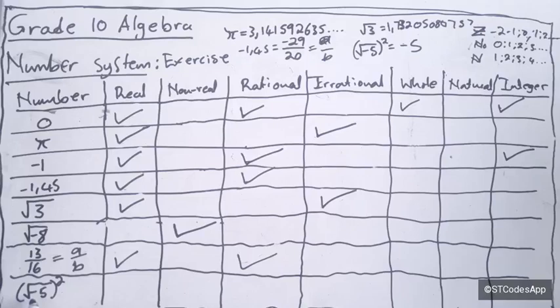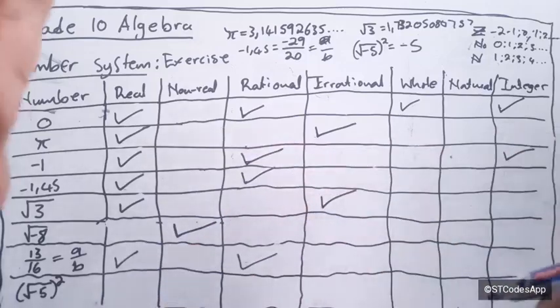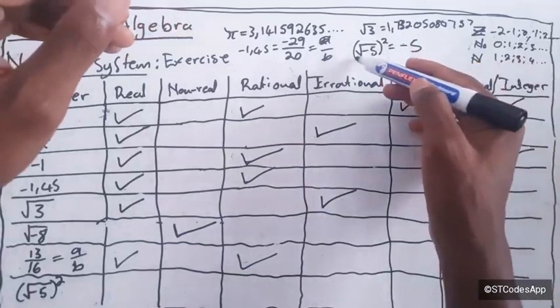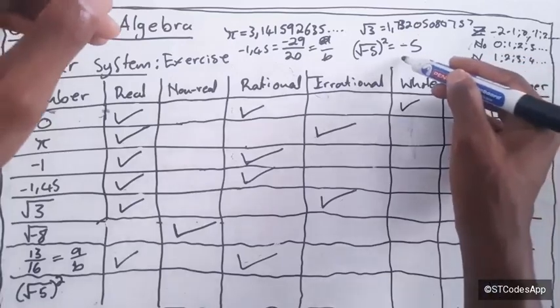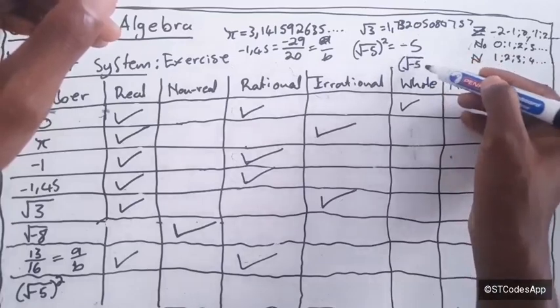Then square root of -5, all squared. Try and plug that in your calculator, and please be careful. Firstly, put an opening bracket. Open bracket, square root of -5.